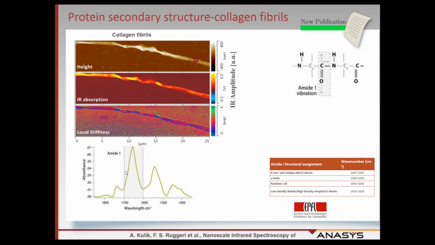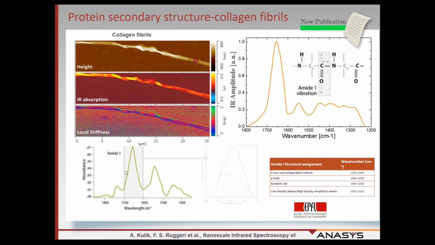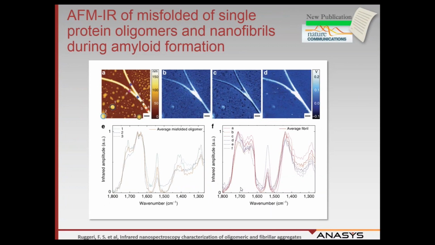But if you look at the amide 1 band, the shape of the amide 1 band can give you information about the protein secondary structure. The fraction of beta turn and alpha helix, random coil, etc., can be quantitatively determined by the shape of that peak. And so the team at EPFL and now Cambridge has been looking at protein misfolding at early stages of neurodegenerative diseases.